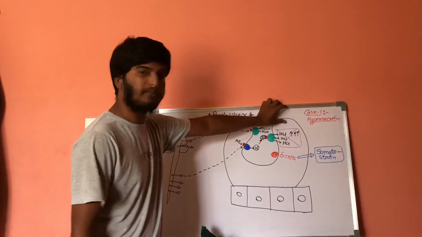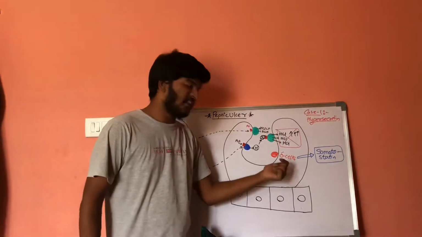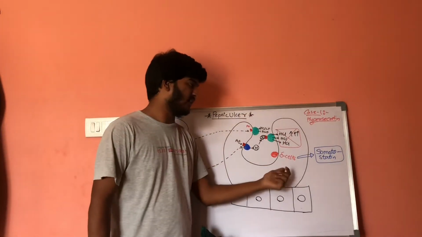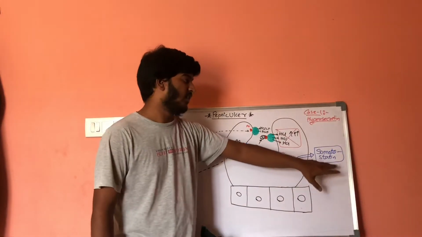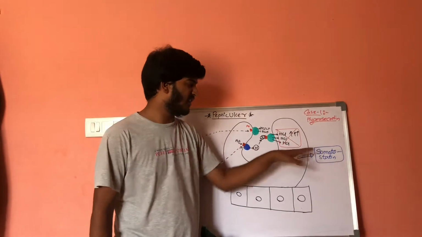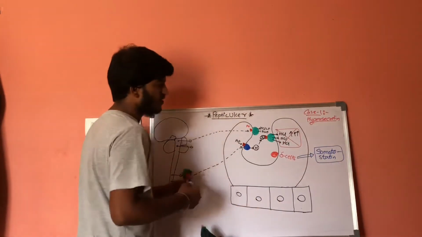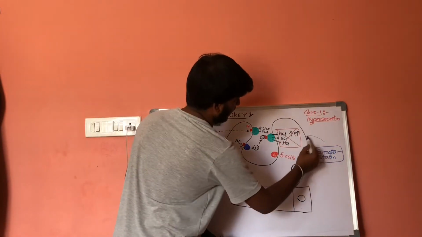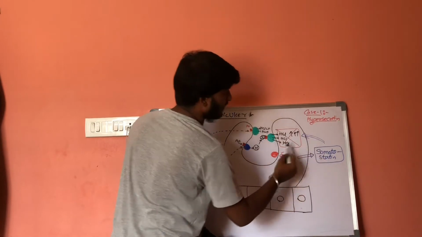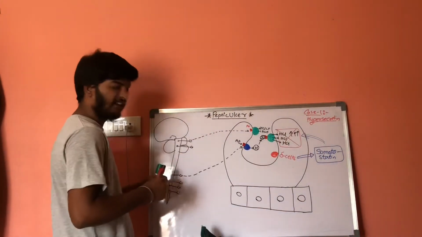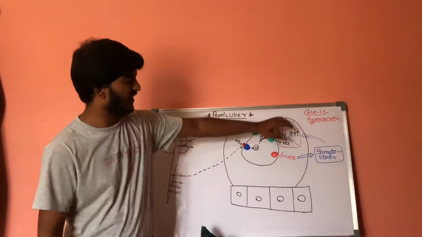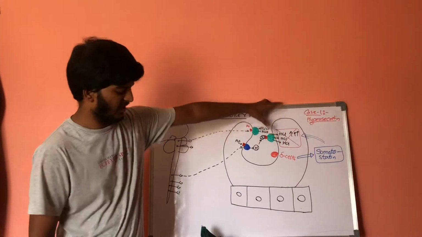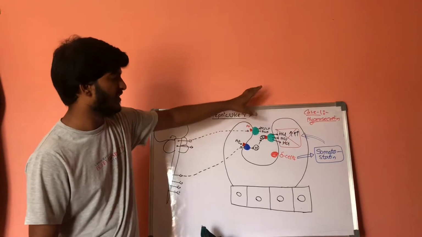So in order to overcome that condition, delta cells release special proteins called somatostatins. Somatostatin works on the HCl secretion and inhibits the releasing of HCl. This is case number 1.